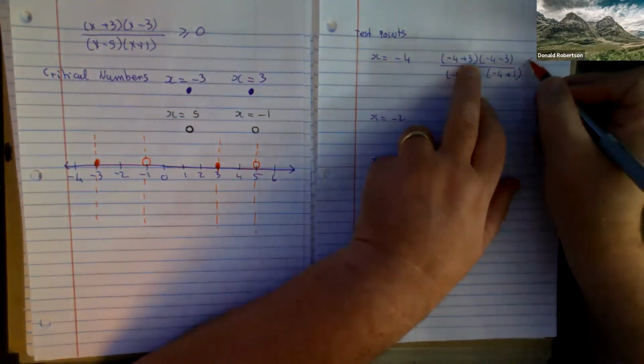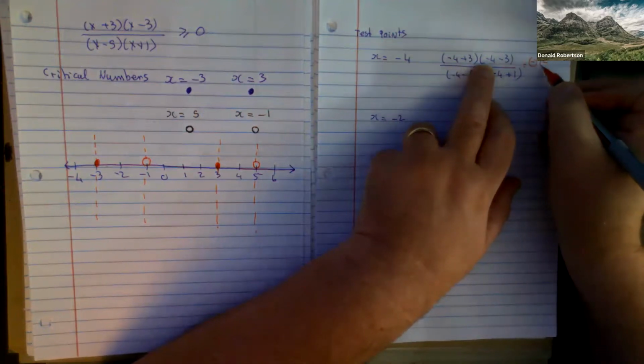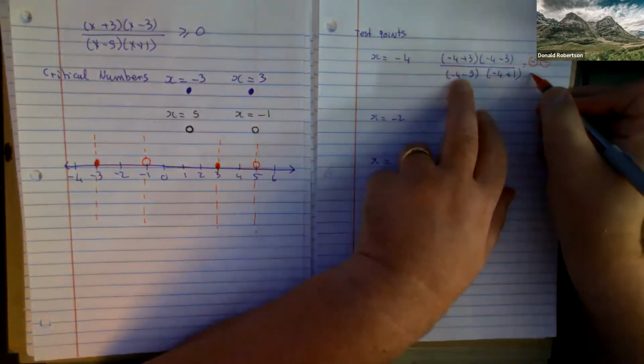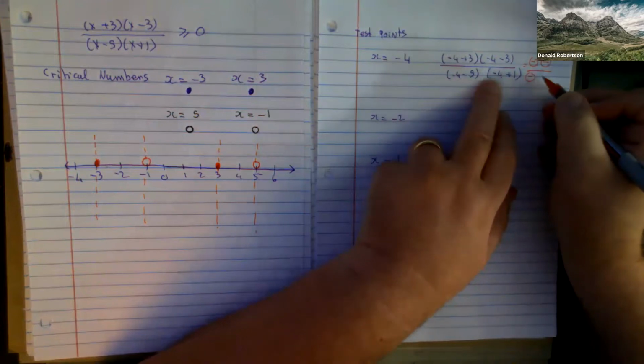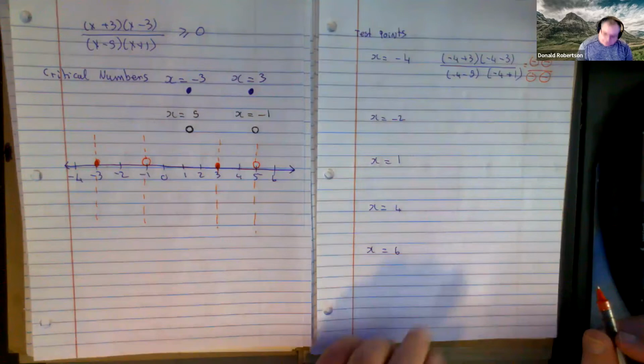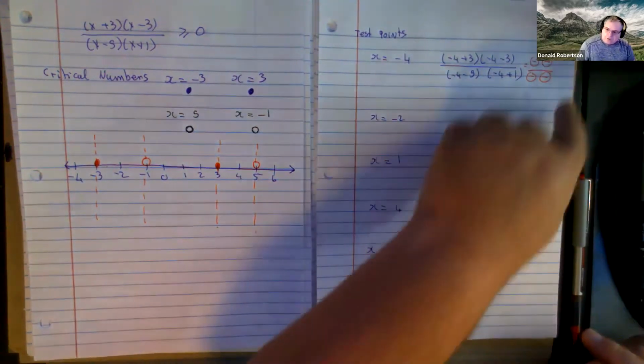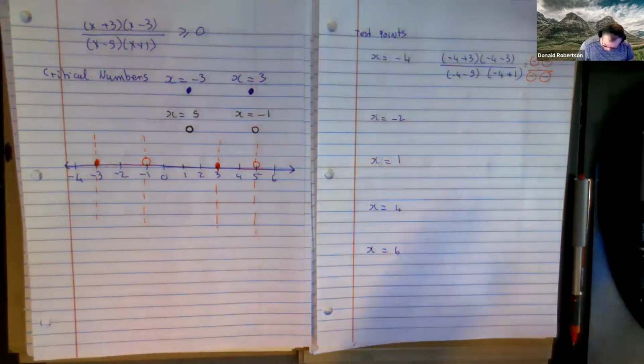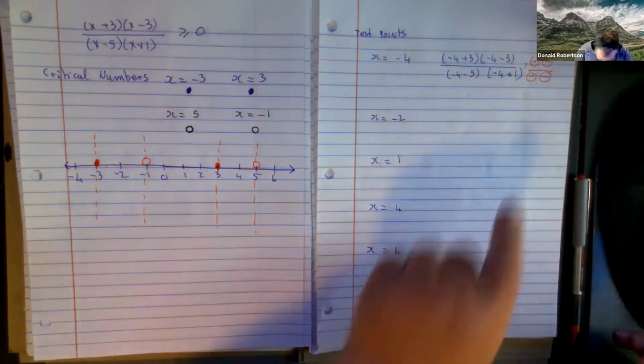-4 add 3 is negative. -4 take away 3 is negative. Those two on the bottom get me negative, and a negative plus 3 gets me a negative. And if you're not sure how these combine, how do I know it's plus or minus? It's the same basic rules as when it's just things multiplied together.